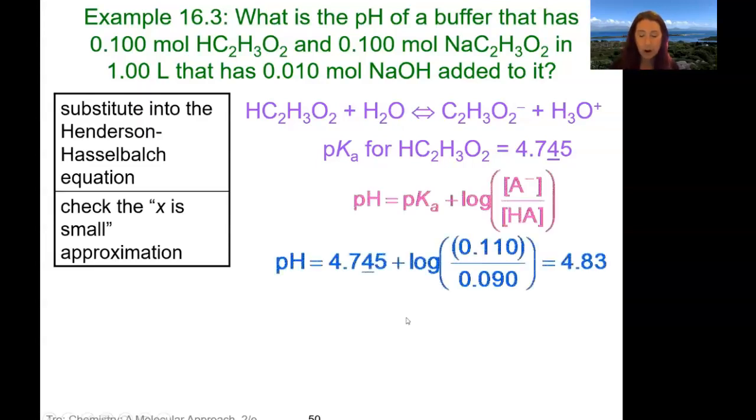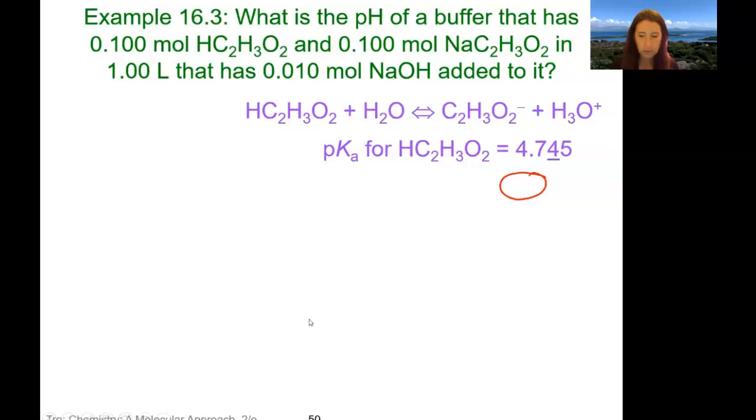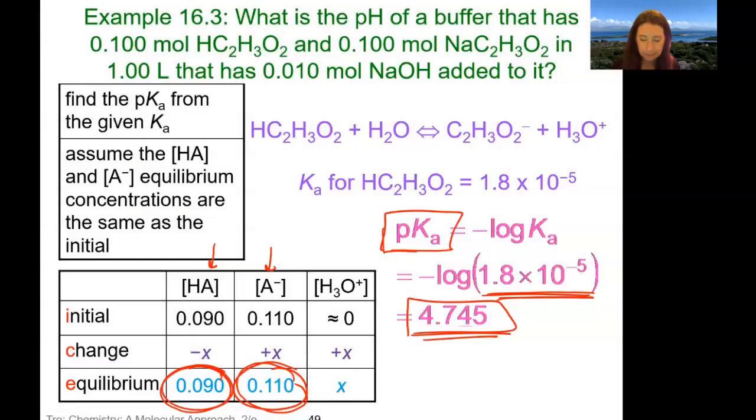So our base over our acid. So our A minus, I'm just going to go back so you can see. Here's our conjugate base, 0.110. Here's our acid, 0.09.